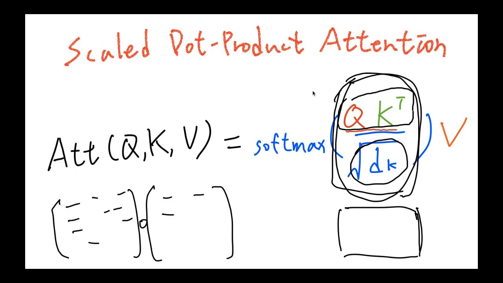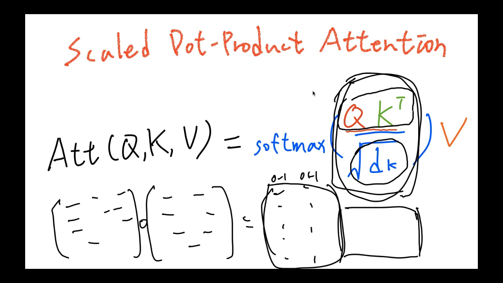Then you will have the result of this dot product, and you do a softmax, basically to normalize every element from 0 to 1, and the summation of them is 1. Then you do the multiplication of this attention matrix, which is your result, to your value matrix. Then you have the importance to each element in this value matrix.